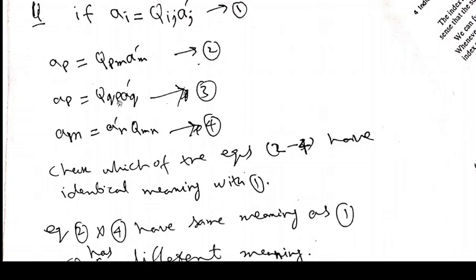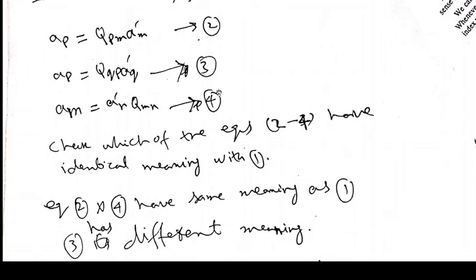Here the second index is fixed, there the first index is fixed. So 3 is not similar to 1. That is why we have written that 3 has a different meaning.